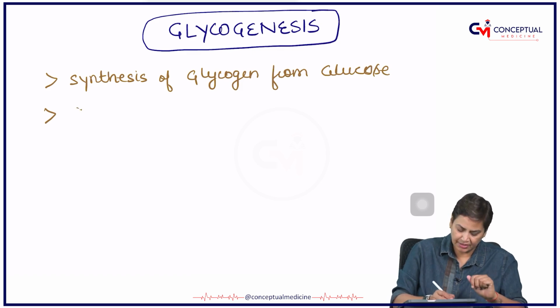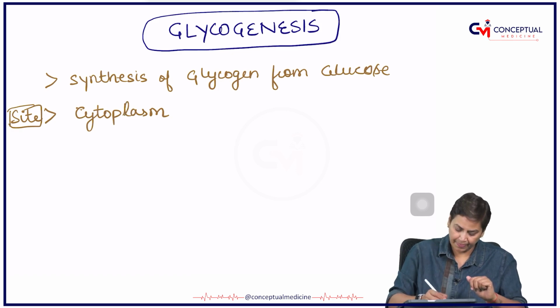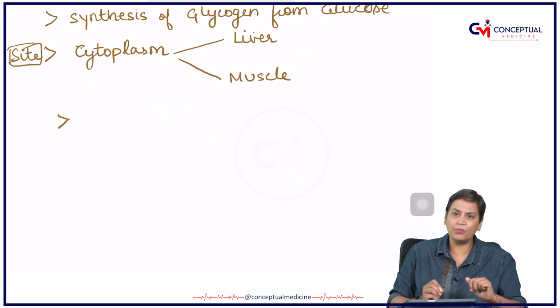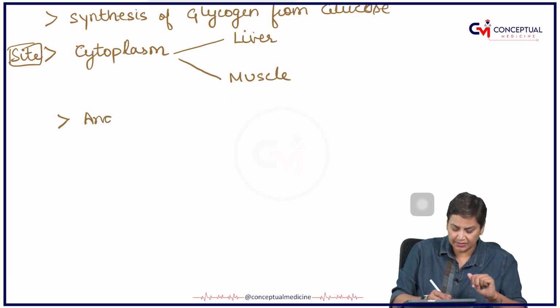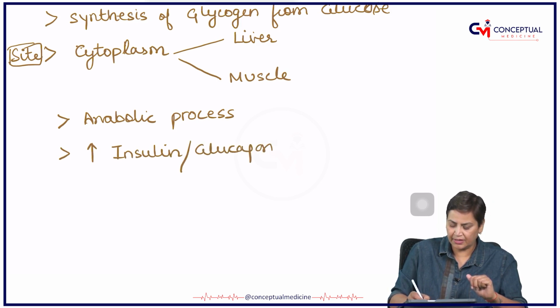Second important point is the site, because I told you it plays a very important role. Site is the cytoplasm, in the liver as well as the muscle. Third important point is, since it is an anabolic process, it is increased when the body has a high insulin to glucagon ratio.